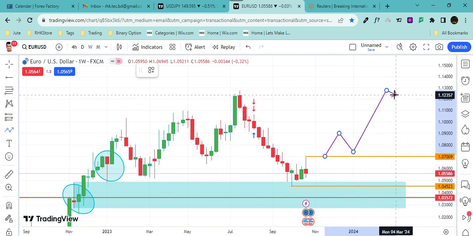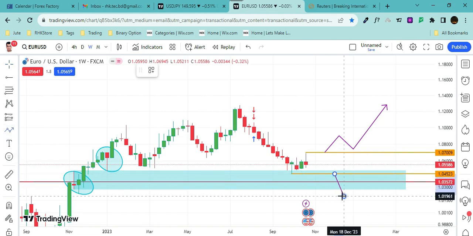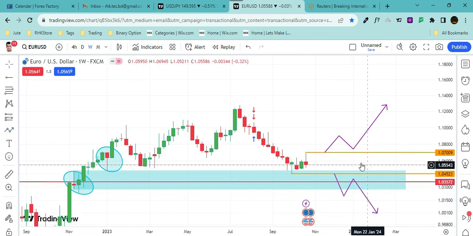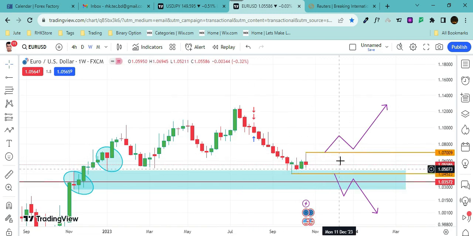And if the bottom one is broken, I am talking about this one, then the price may move like this. So up to the week, this is a very vital zone. Please always keep that in mind.